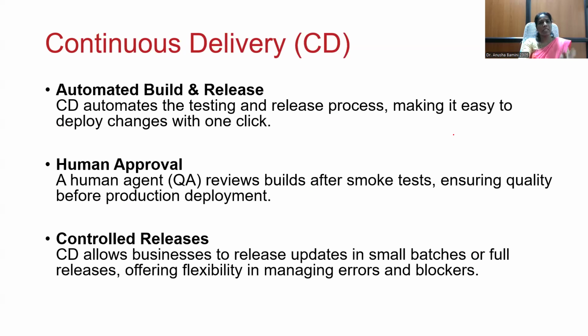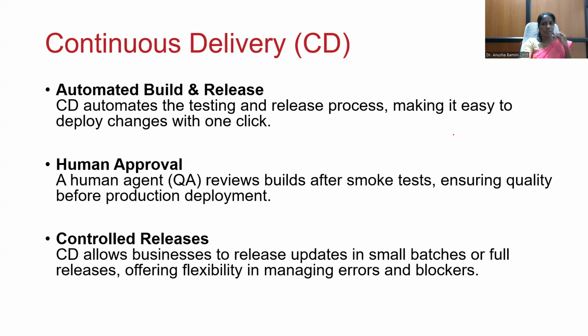Now, the second step is continuous delivery. In continuous delivery, there are also three features: automated build and release, human approval, and controlled release. Okay, so CD automates the testing and release process. So here the testing can be done automatically. When there is a change in the main branch, it triggers the CI/CD pipeline.